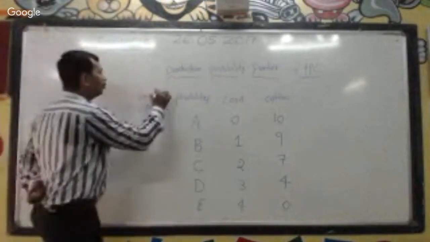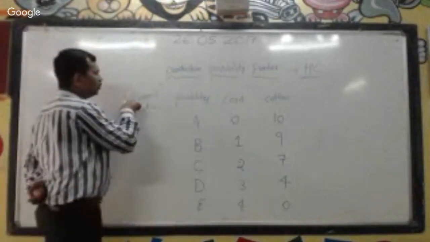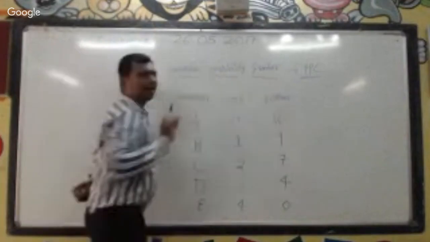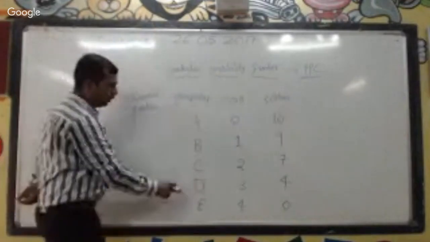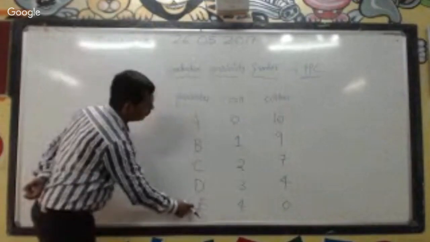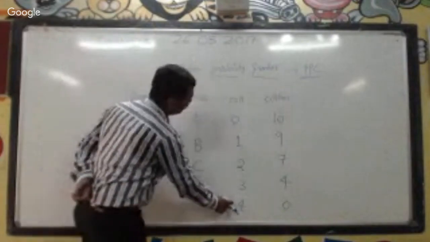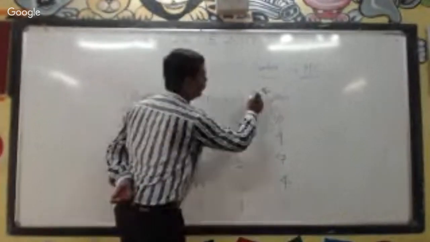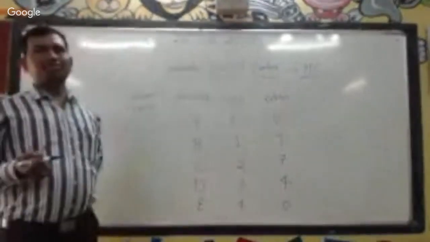Moreover, you are entirely spending your resource on production of corn and cotton. In the last possibility, combination E, how many units of corn? 4 units of corn and 0 units of cotton we are producing.